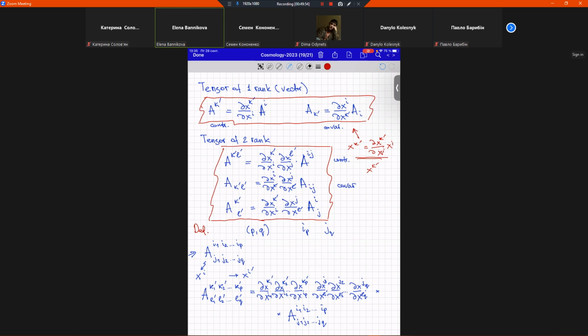So this is just an agreement: we consider something, and according to its transformation rules we decide whether it is covariant or contravariant. Of course, we could call it otherwise, but we have an agreement that we will call this contravariant. The object defines the name, but the name does not define the object. Exactly.